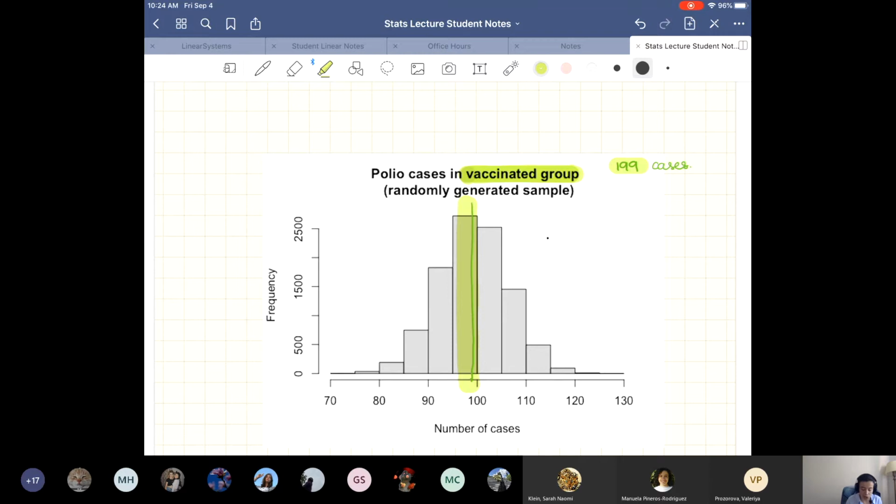Sometimes, just by random chance, I'm going to have some more than those 99.5 or some less than those 99.5. Maybe sometimes I end up picking a couple more, a couple less, and that's that. But the most important thing that I want you to remark upon here is that the lowest value that we got is higher than 70.